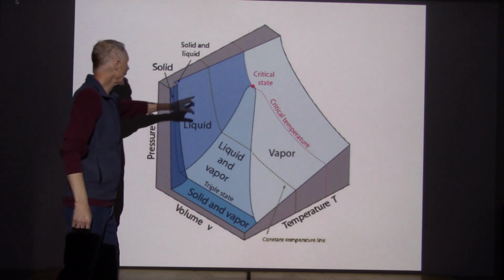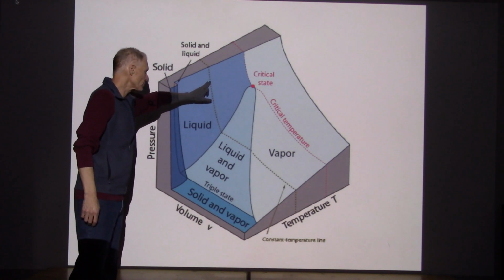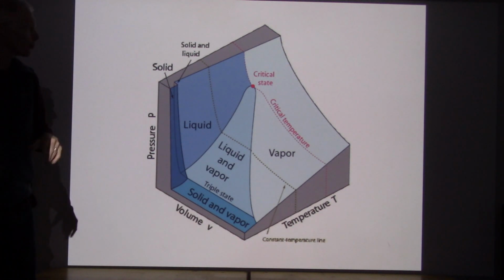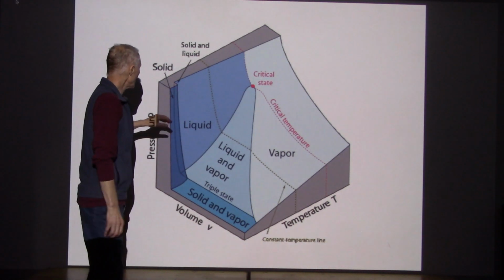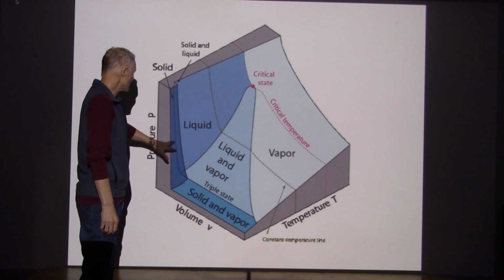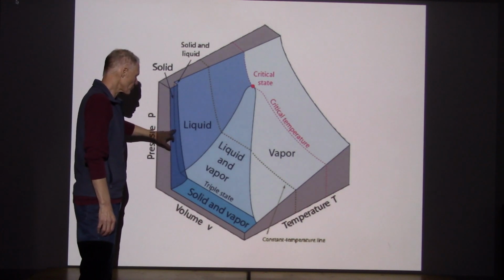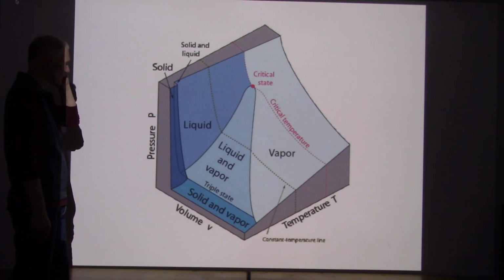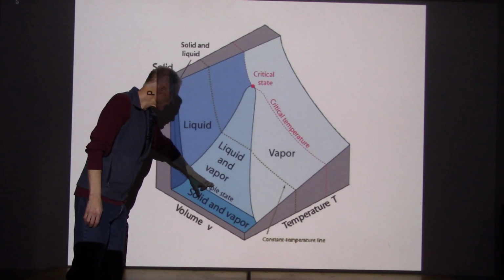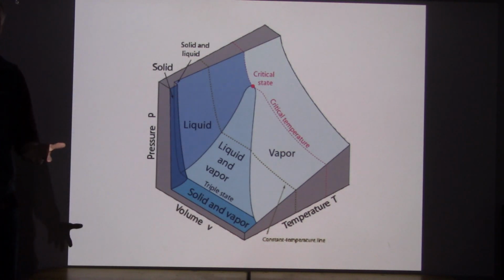So once you go to high enough pressures or small enough volumes, or as you drop to lower and lower temperatures, you have these solid regions. So this now is solid. Once we get down to low enough temperatures, we'll run into these solid regions. Similarly, with this liquid and vapor state, if we drop in temperature, that's going to go into a solid and vapor state.